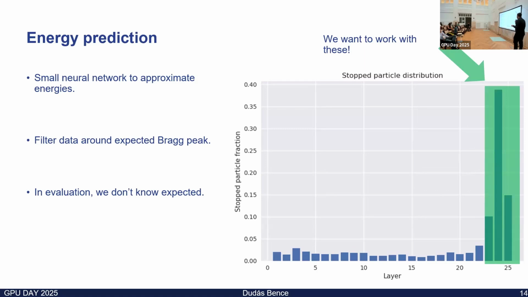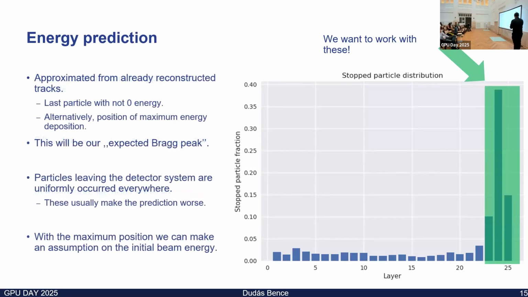So we want to concentrate on this part. And the reason for that is that in our detector system, after we reconstruct the particle tracks, we want to calculate the energies that they have when they enter the detector system. Now, lots of particles stop or leave the detector system at different points.